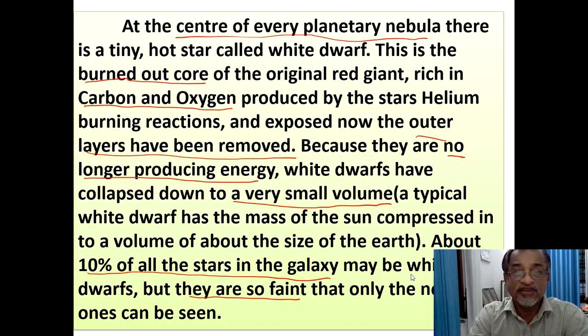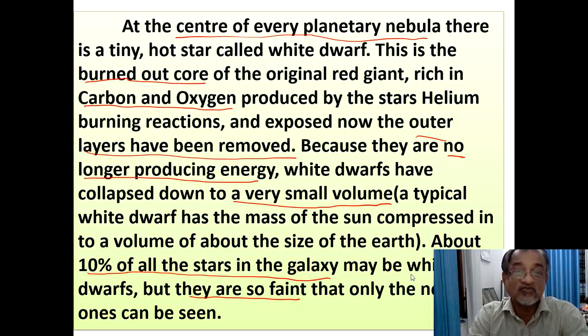At the center of every planetary nebula, there is a very tiny, hot white dwarf. As we know, it is the burned out core of the original red giant. The former form of this white dwarf is a red giant.